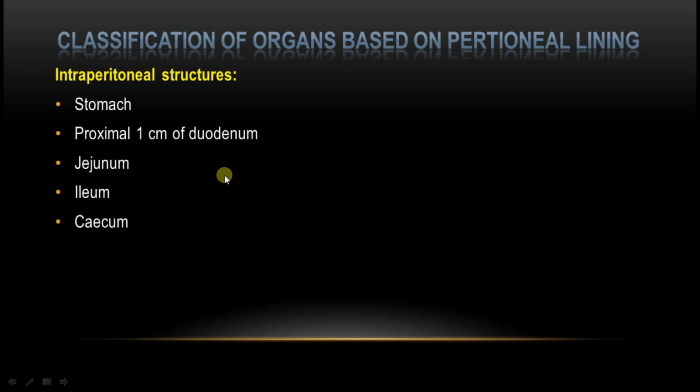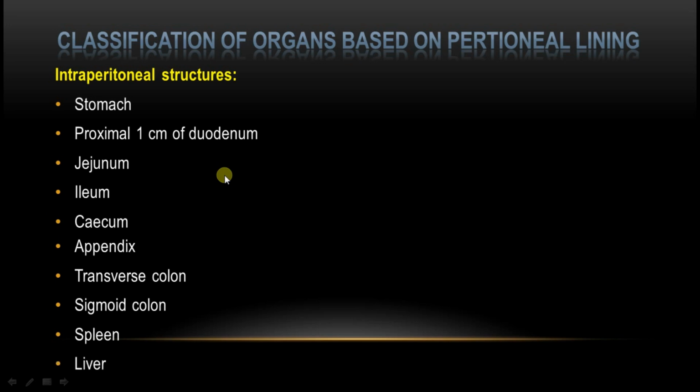Then you have cecum and appendix, followed by the transverse colon, not the ascending colon, only the transverse colon. Then you have sigmoid colon. And then spleen and of course your liver. These are all called intraperitoneal structures. They are covered by peritoneum on the front and behind.